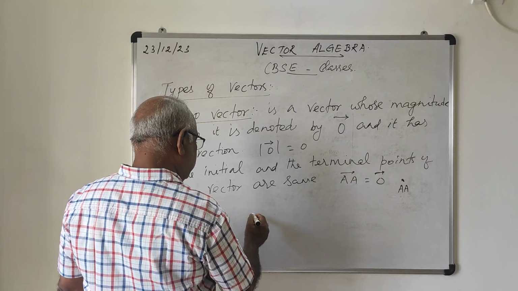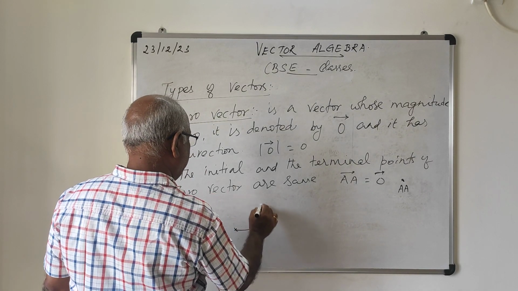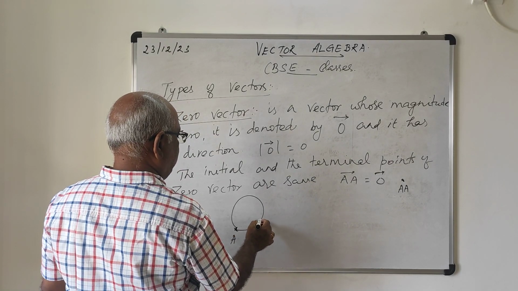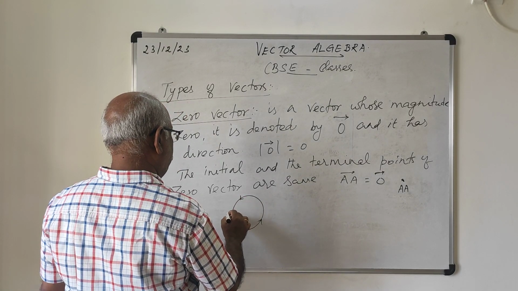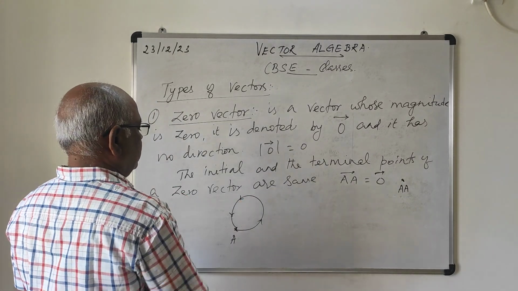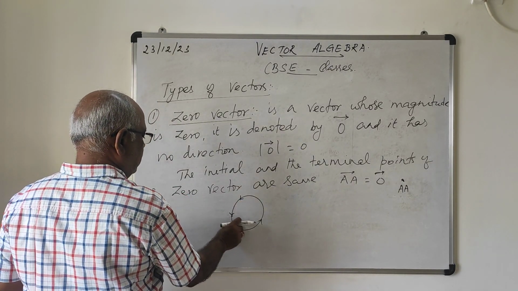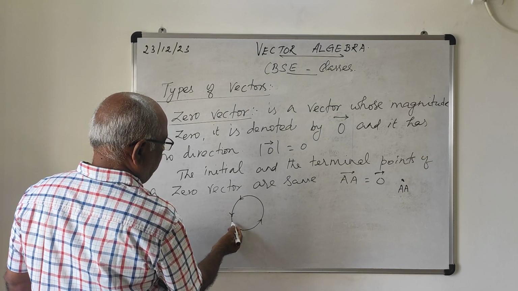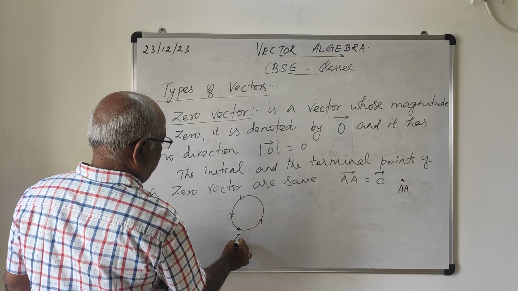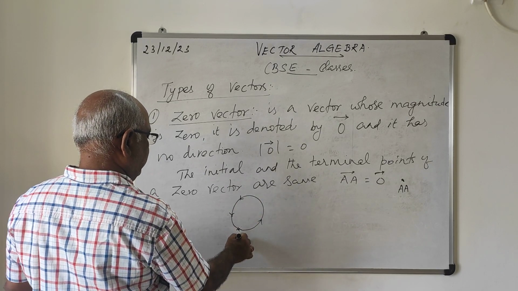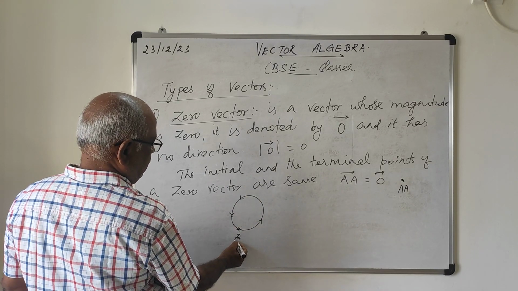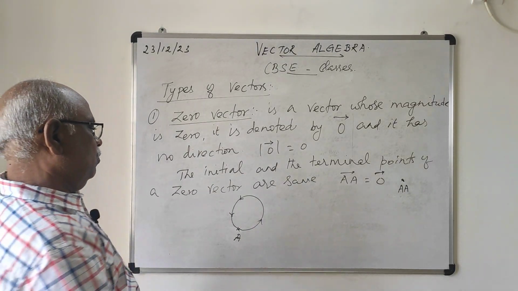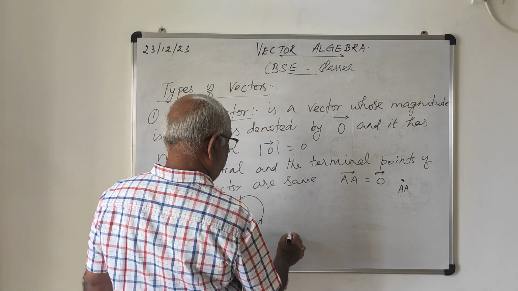Or otherwise, if you start from A and reach A again, it's also zero. Start from A and end with A. Not only in a simple form, but whatever it may be.